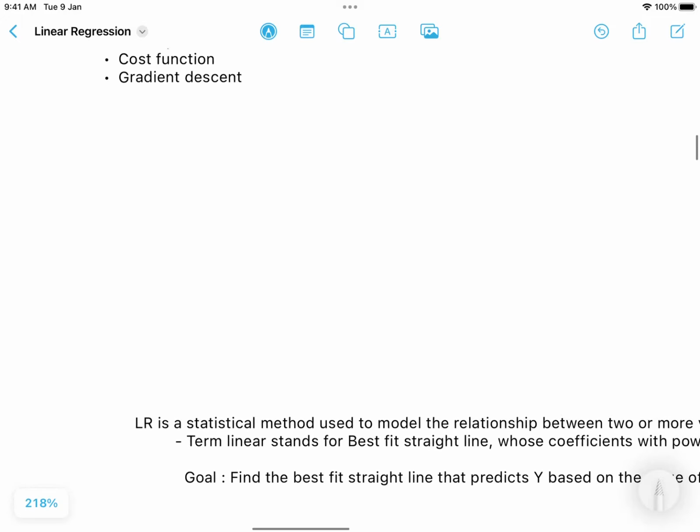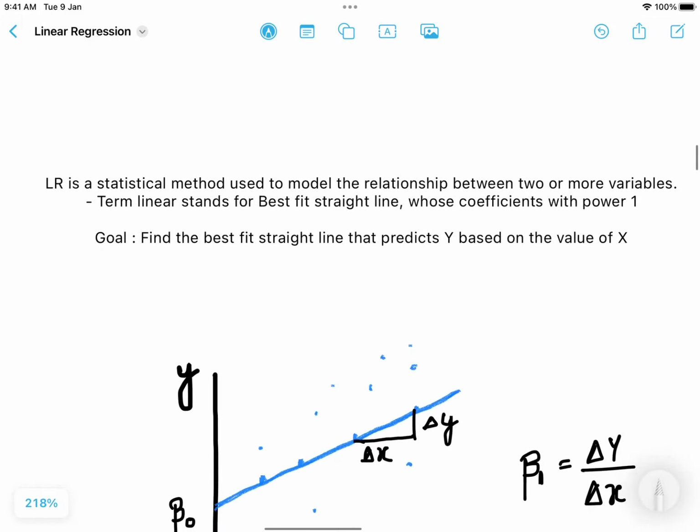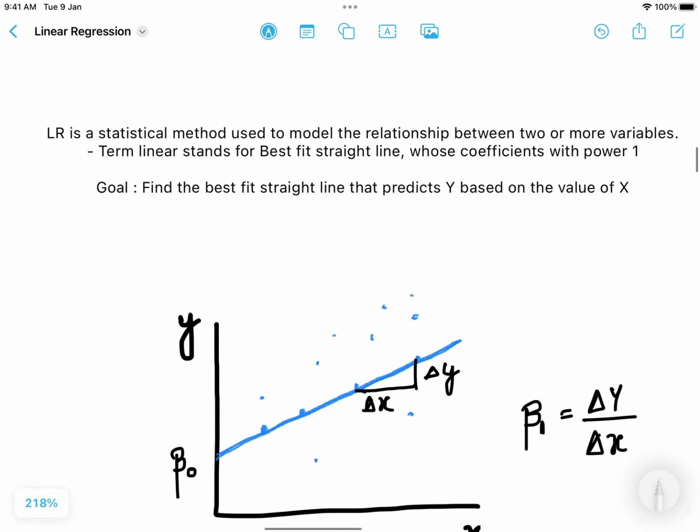So let's start with linear regression. What is it? What do we mean by linear regression? It just tells the relationship between two or more variables.